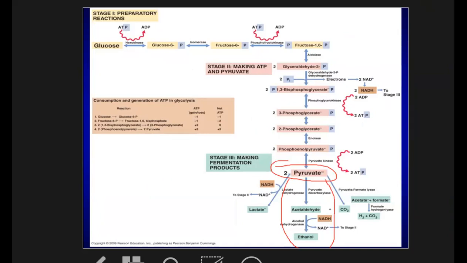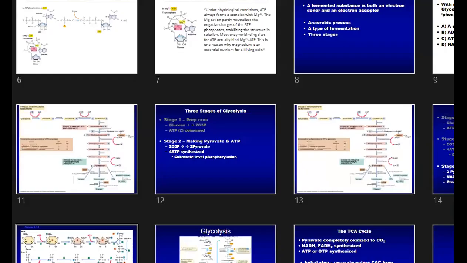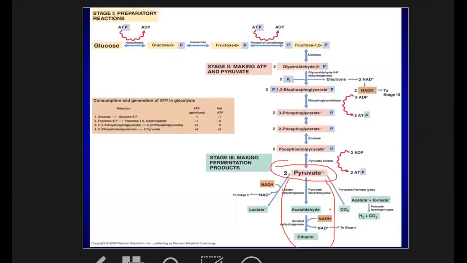Okay, one of the things I want you to think about is the pyruvate. So once the microbe has done stage 1 and stage 2, and pyruvate gets produced, that's kind of a decision point by the microbe. So I like to think of a microbe hanging out doing this, and it gets to pyruvate and it puts the brakes on. It sits there and goes, all right, what should I do with this pyruvate?